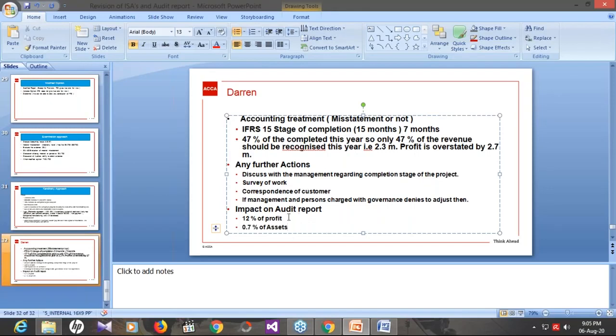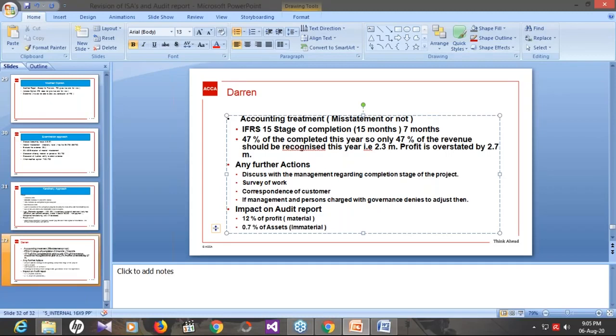So according to the profit figure, it is material as it is above the 5% benchmark, and according to assets, it is immaterial as it is less than 1%. So we can see it is material according to the profit benchmark, so we can consider it as a material misstatement.